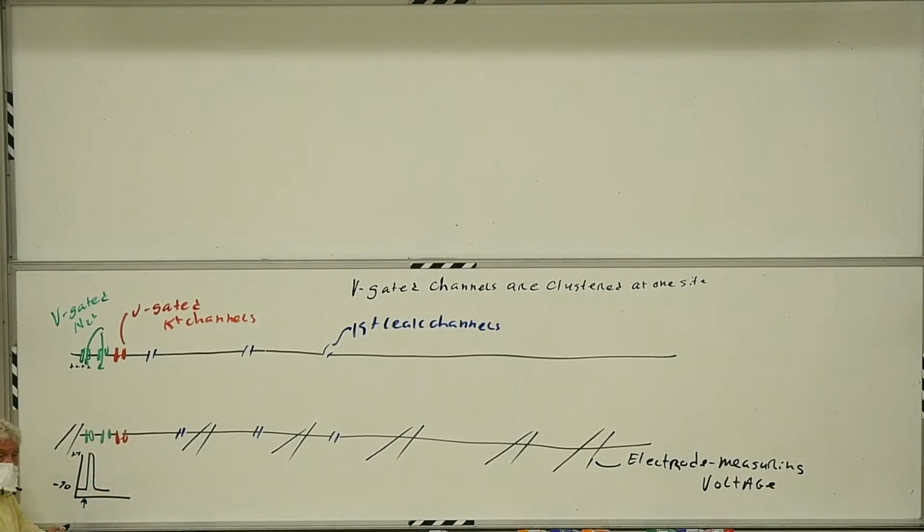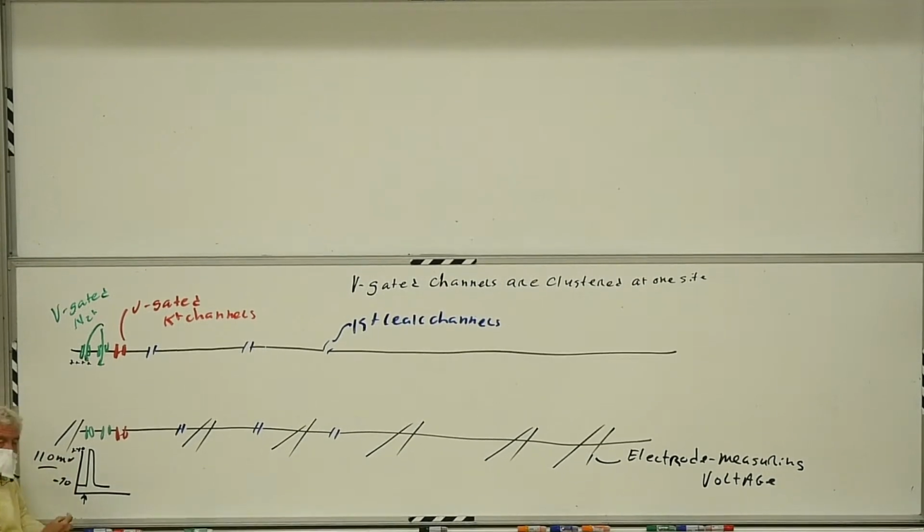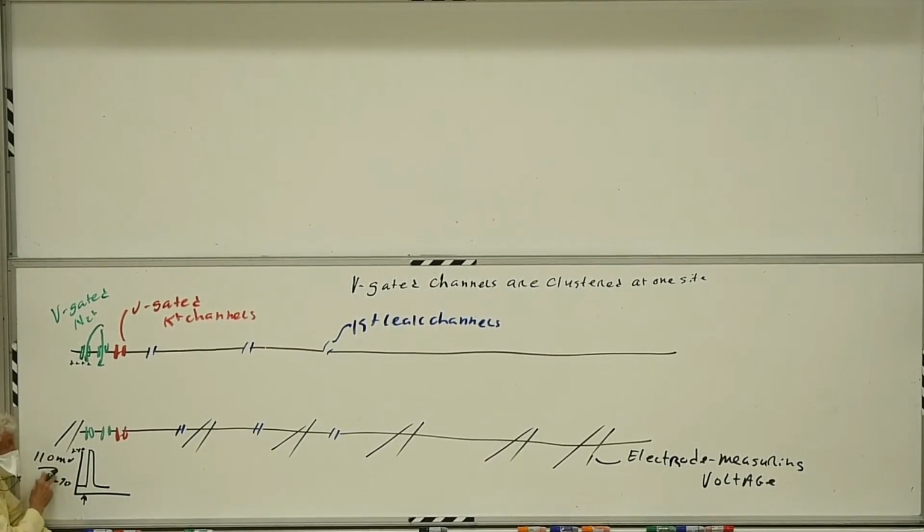So we'd see the full excursion of the action potential goes from minus 70 to plus 40, 110 millivolts. But all we're doing with this electrode is measuring the amount of positive charge. We describe that change in positive charge as a voltage. But in effect, we're simply measuring the amount of charge which has come into the cell.